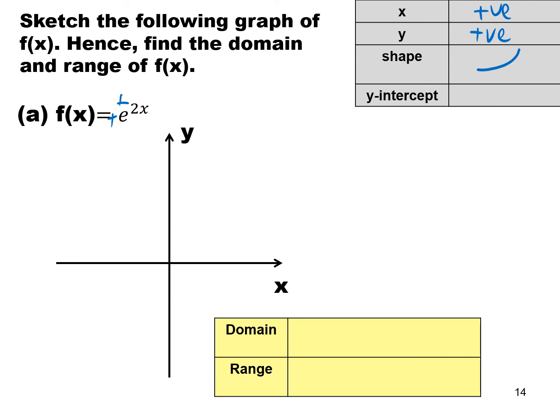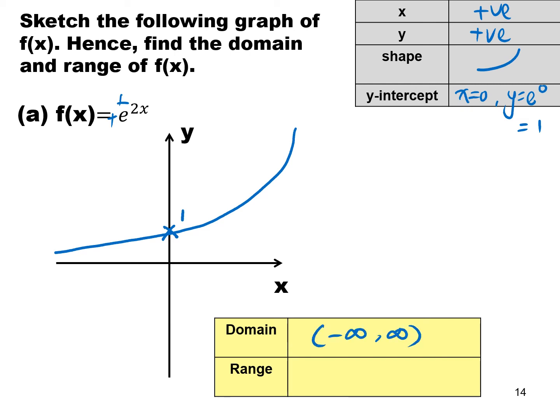Okay, y-intercept at 0, y equals e to the power 0 is 1. So the shape of the graph here is like this. So this is 1. Okay, the domain is negative infinity, infinity. How about the range? 0 to infinity.